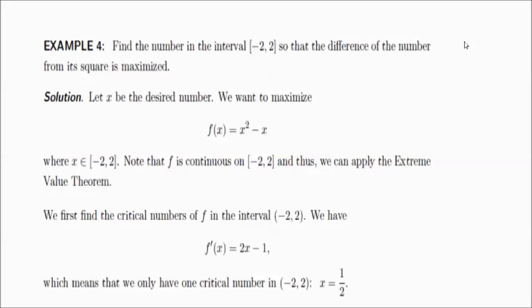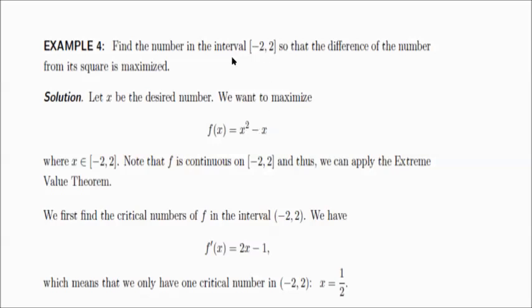Disregard yung number. So first example natin, find the number in the interval -2 to 2 so that the difference of the number from its square is maximized. So first, kunin natin yung equation, class.